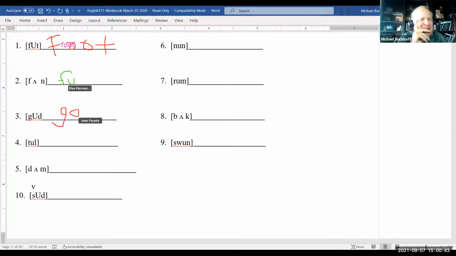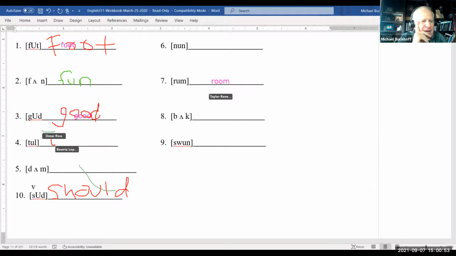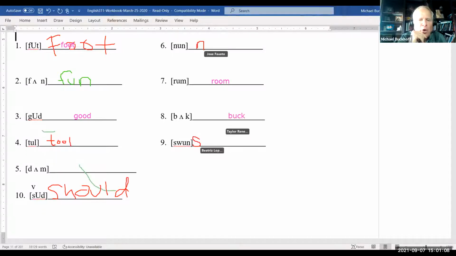That's pretty cool how that did. Foot, fun, good. Tool, good. Should. Room. Ooh, room. Buck.